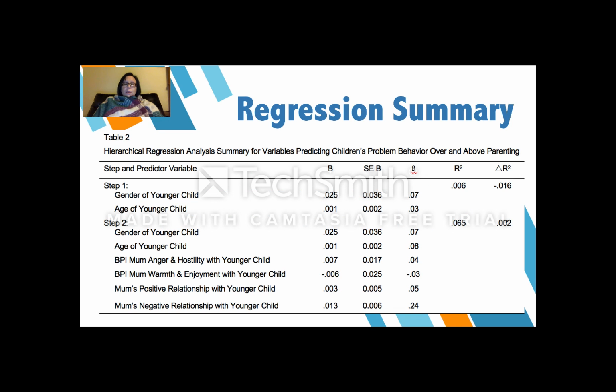And in this table, because the slide is not very big, I've had to split the table into 2 slides. But it does show you what each step is, and then the beta, the standard error for beta, the standardized beta, the R squared, and then the adjusted R square.